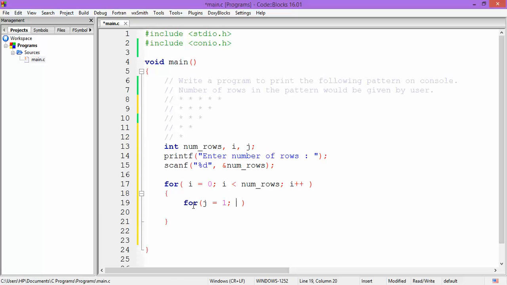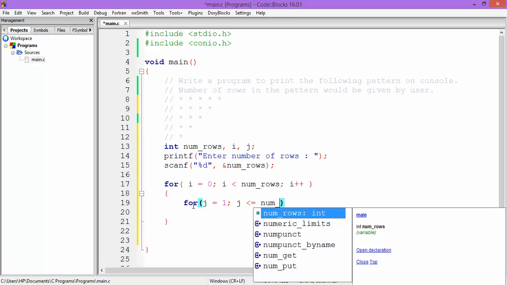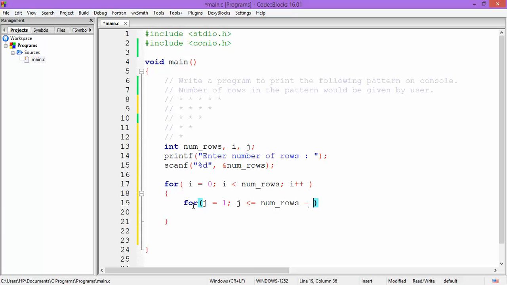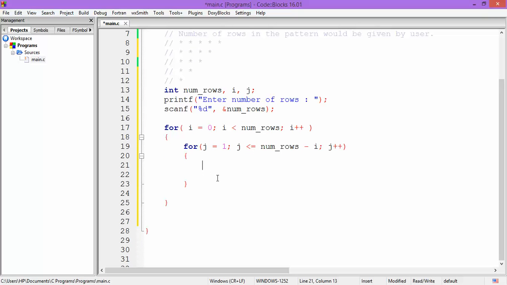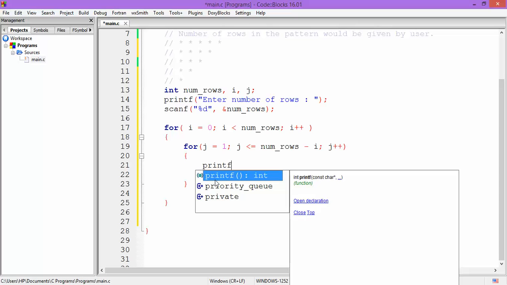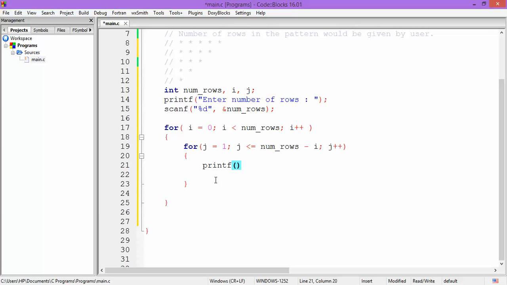Say we initialize j equals to 1, then the stopping condition would be j less than or equal to num_rows minus I, and j plus plus. So here the inner loop would run for num_rows minus I times, and this inner loop would print asterisks on the console.